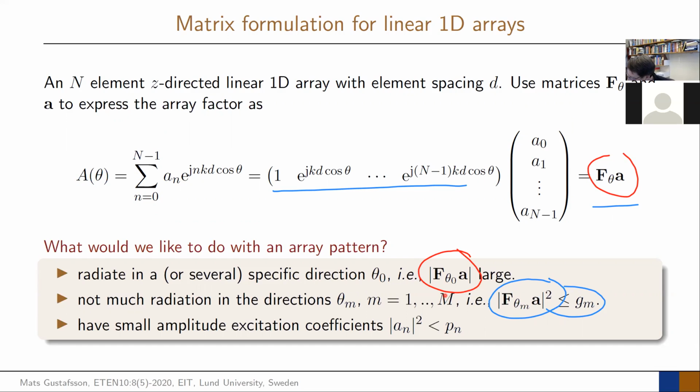And if you would like to have relatively small excitation coefficients, you should say that all of these are below some certain threshold. And we will see in the end that this is an optimization problem that we can actually feed to a computer and let the computer decide what you should do with it. So we can actually change the direction of this, saying that we as the designer of the system can say we would like to have this, and we let the computer then decide how to do it.